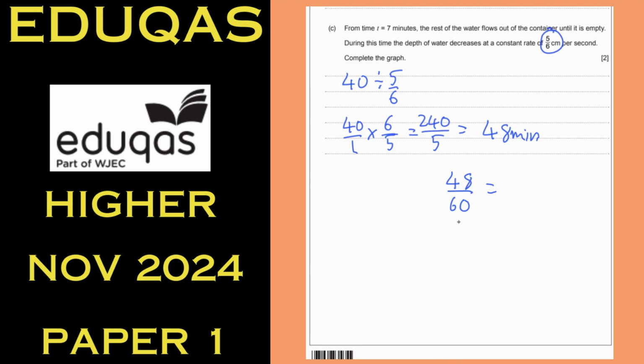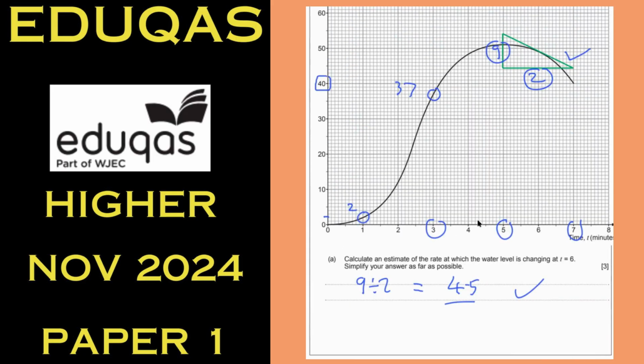Now if we cancel that down, divide top and bottom by 6, it means 8 out of 10 squares. There we go. It needs to terminate at the 8th out of the 10 squares.